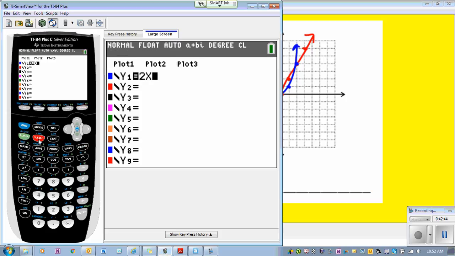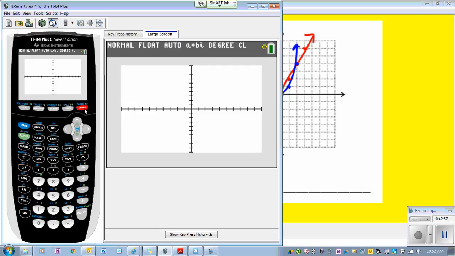So I'm going to put in y equals 2x into y1, and then y equals x squared into my y2. I'm going to put in this whole system. I'm going to graph it. That way, then I can see both of my graphs on the same graph there. Okay, so I have 2 intersecting points.